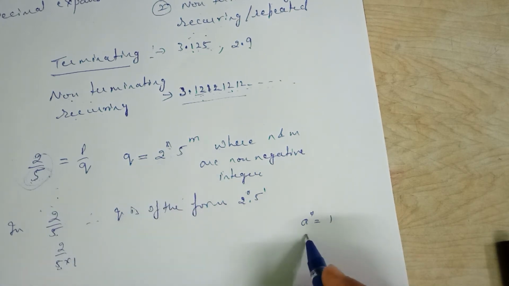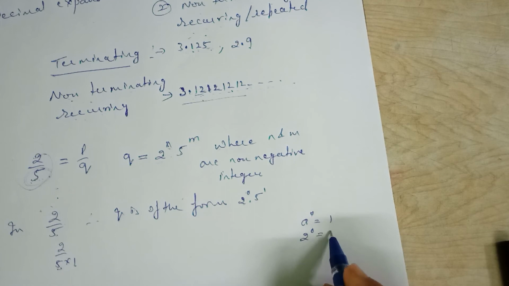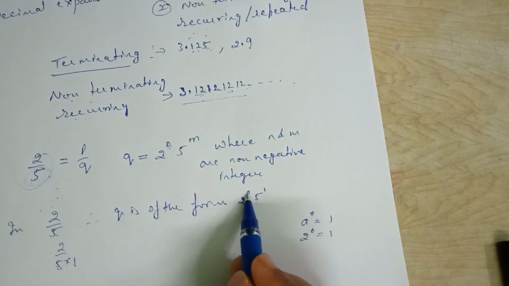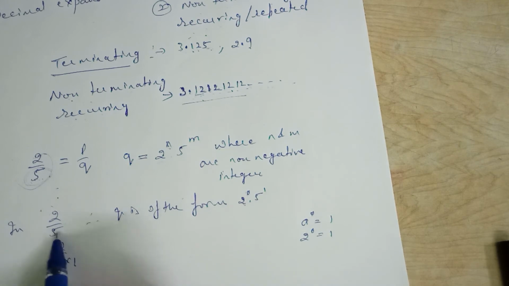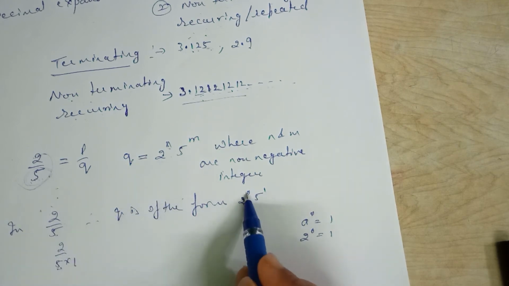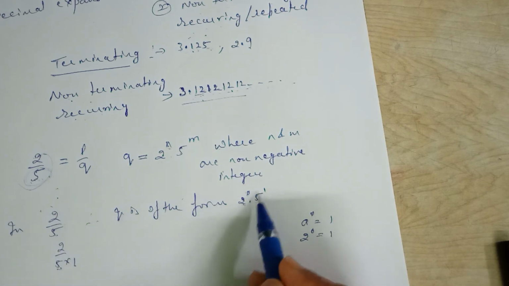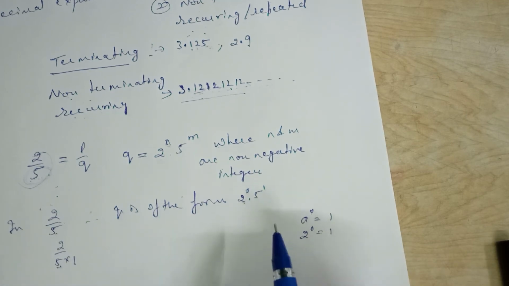One factor is there, 5, out of 2 and 5. Another factor we can attach: in place of 1, we can write 2 raised to the power 0, which is equal to 1. So if either factor is given, we can write 2 raised to the power 0, 5 raised to the power 1. Or if another is there, then we can write 5 raised to the power 0, 2 raised to the power whatever is given.